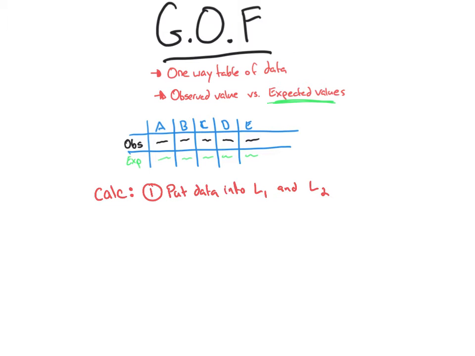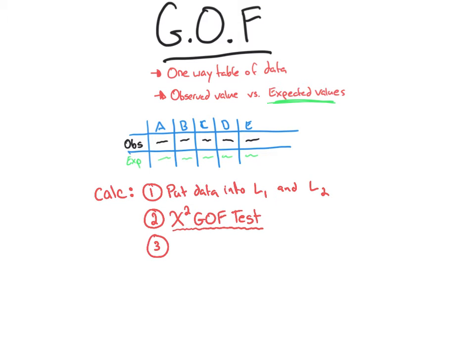Observed in L1, expected in L2. Then number two, you're going to go find the function chi-squared GOF test in your calculator, and you're going to run that test.